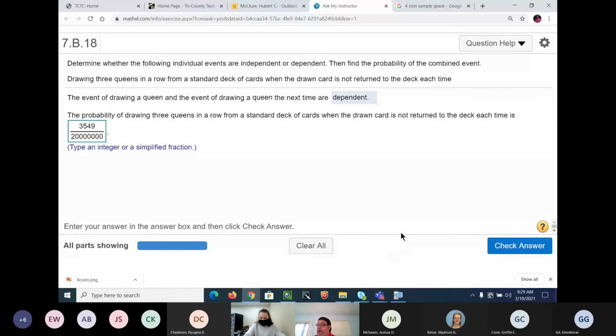Because when you're dealing with the multiplicative law, the word is and. You have to decide with replacement, I'll show you this in just a second, or without replacement.